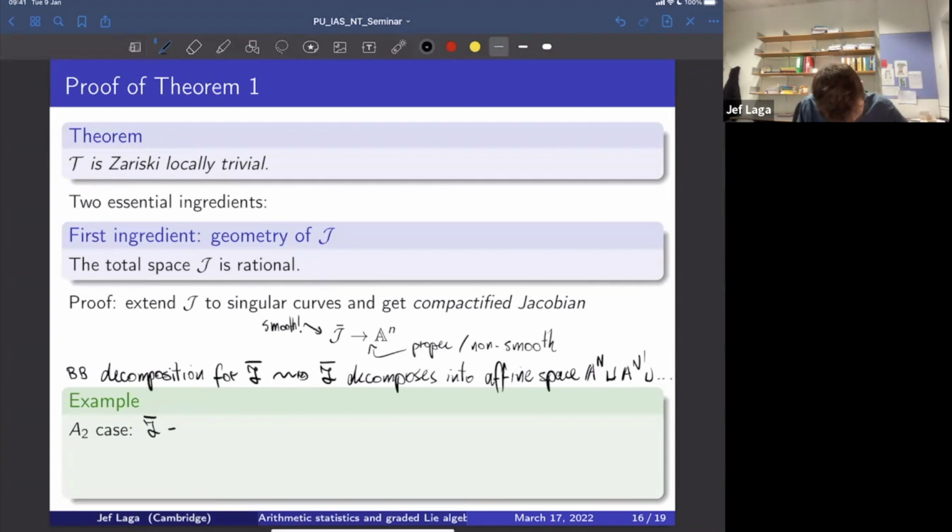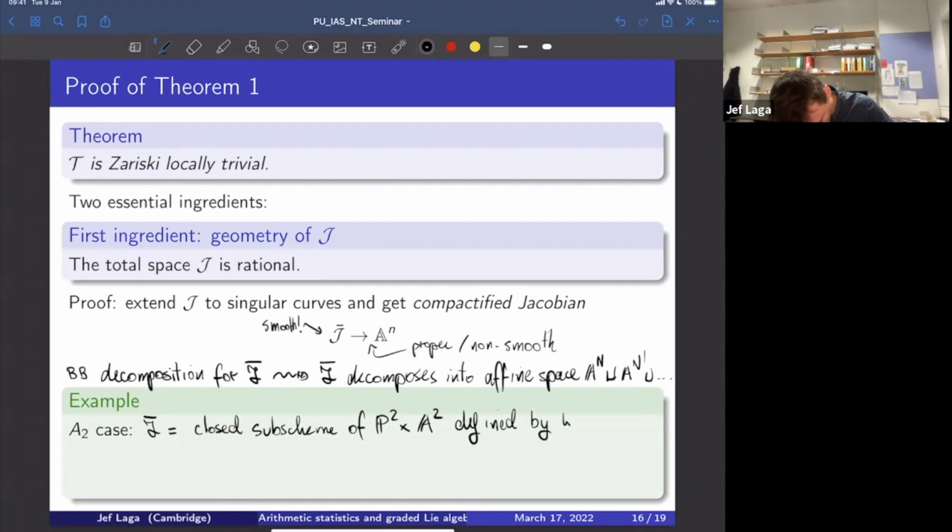So this curly J here will simply be the universal Weierstrass equation, but over all cubic curves. So it is a closed subscheme of P2 times A2. Here I really want to consider the whole of A2, not deprived of its discriminant locus, again defined by the Weierstrass equation.